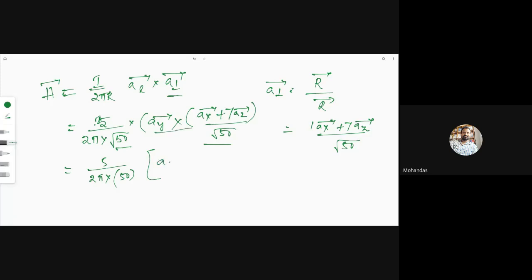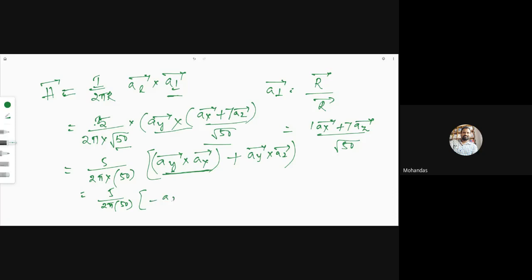Now AY cross AX plus AY cross AZ. Calculate this 5 by 2 pi into 50 value. Now tell me, what is the AY cross AX in Cartesian coordinate system? Minus AZ.